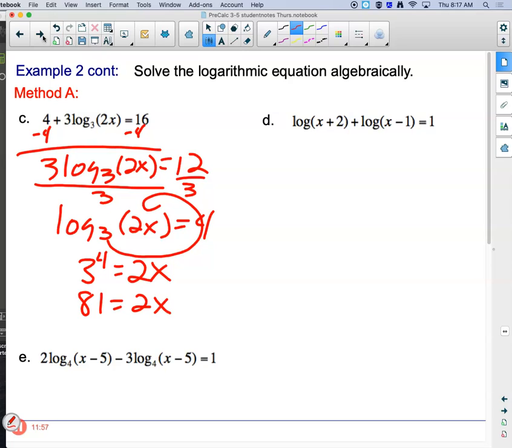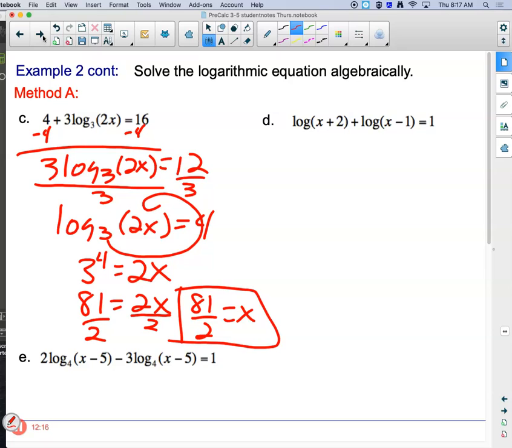And 3 to the 4th is 81. And we'll divide both sides by 2. Again, you can check it by hand by taking 81 halves and putting it back up here and thinking 81 halves times 2, that's going to be 81.